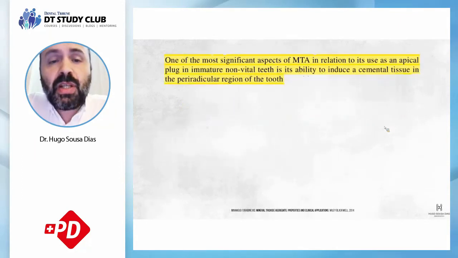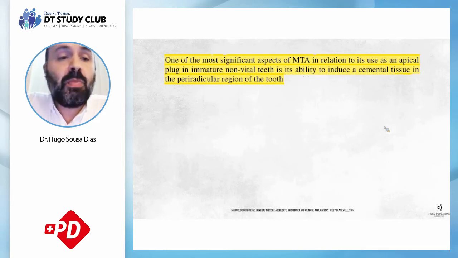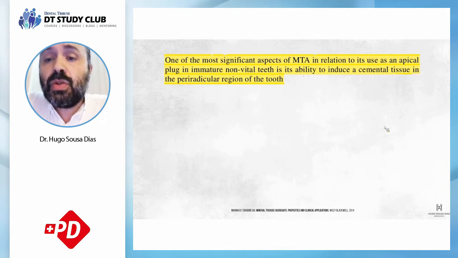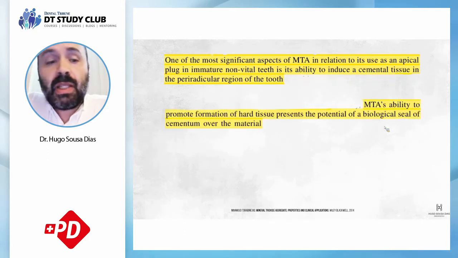One of the most significant aspects of MTA in its use as an apical plug in immature non-vital teeth is its ability to induce cemental tissue in the periapical region of the tooth. MTA's ability to promote formation of hard tissue presents the potential of a biological seal of cementum over the material.